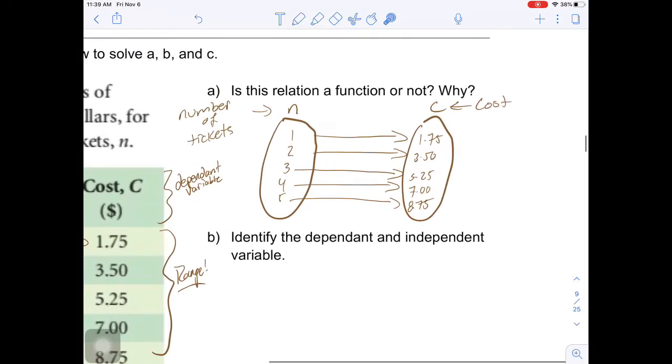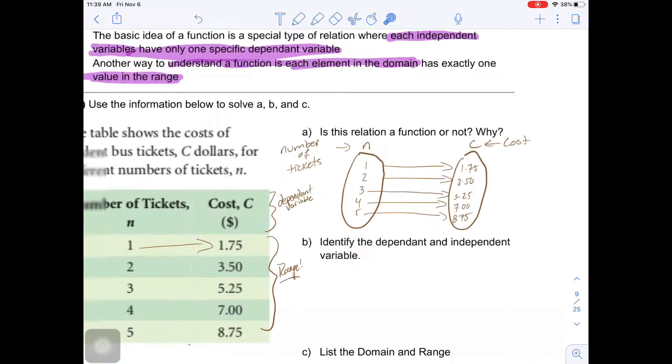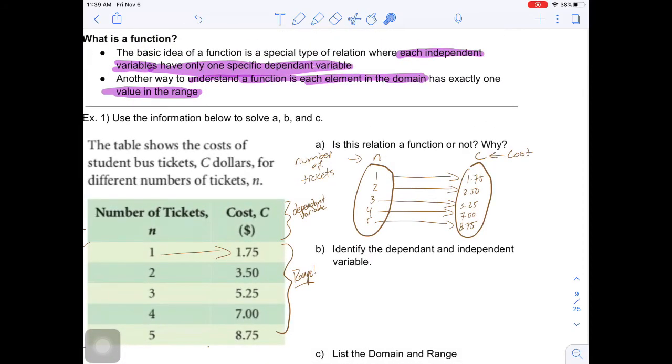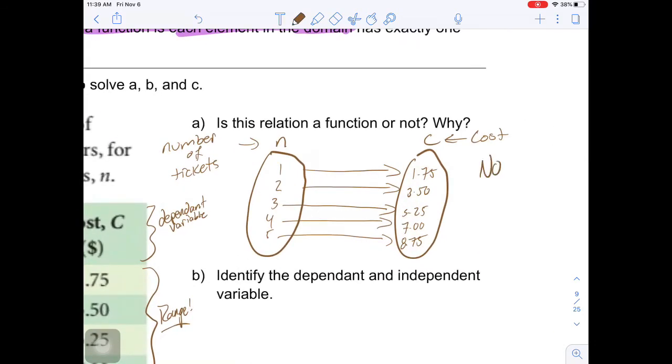We can see that each independent variable only has a specific dependent variable. None of these go to the same variable there, okay? Or sorry, none of these are used twice. So no numbers in the domain are used twice.